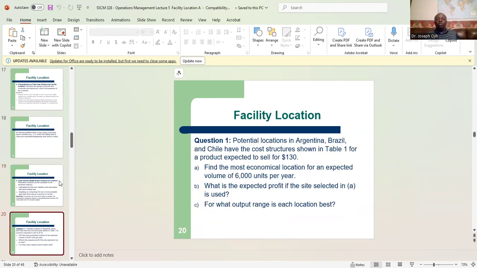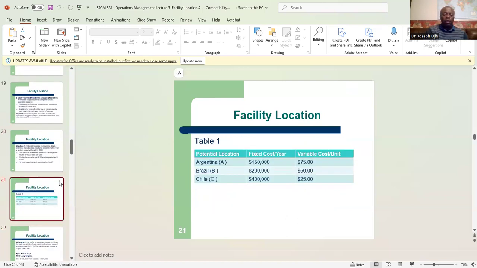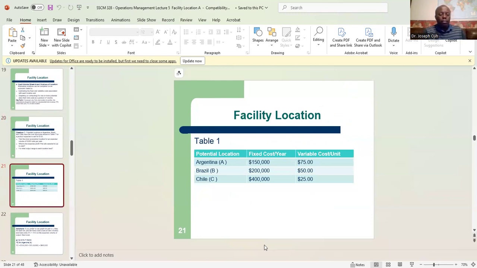Okay, let's look at this question. Maybe answering this question will make it more clear. It says potential locations in Argentina, Brazil, and Chile have the cost structure shown in this table. I'm talking about this table here, you can see on the screen. Argentina's fixed cost is $150,000, variable cost is $75,000.